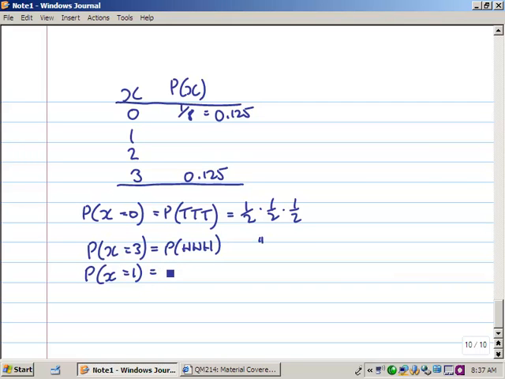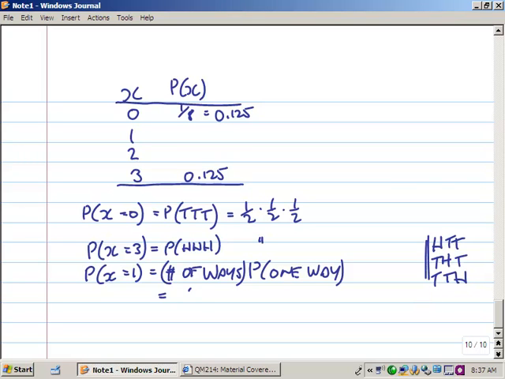The probability that X is equal to 1, that's the probability of 1 head. Then you have to do your probability: the number of ways times the probability of 1 way. How many ways are there of getting 1 head out of 3? Head, tail, tail. Tail, head, tail.